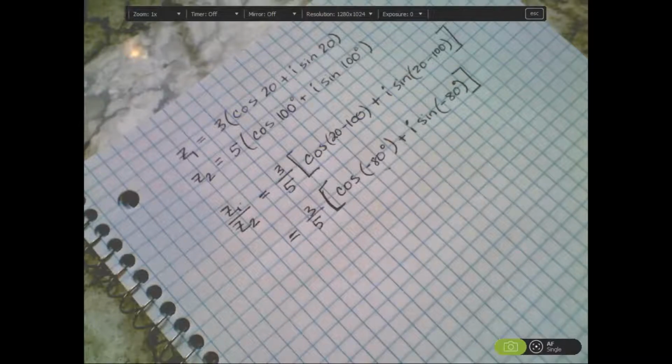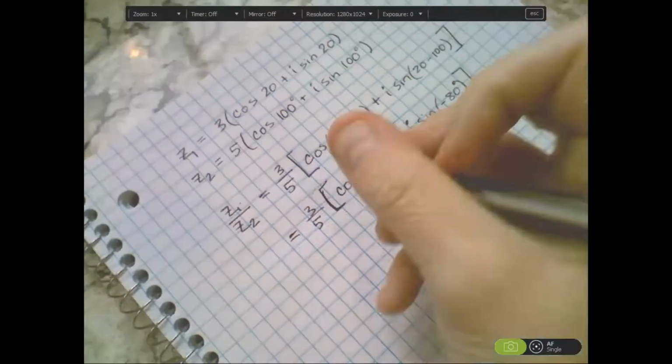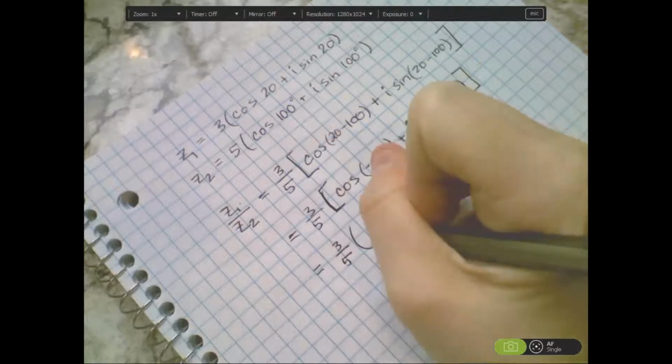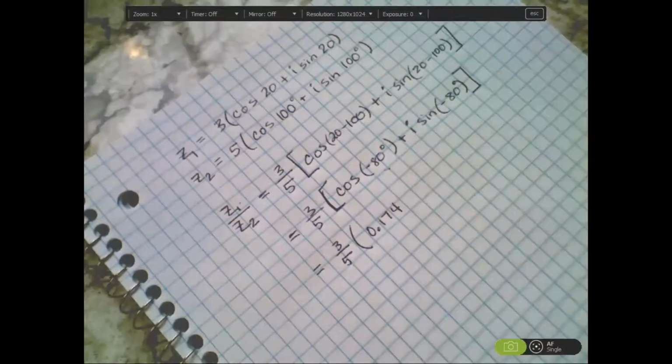So we're going to do cosine. Let me double check my mode. Okay, I'm in degree mode. So I'm going to do cosine of negative 80. That's going to give me 0.174. 3/5. So this is 0.174.